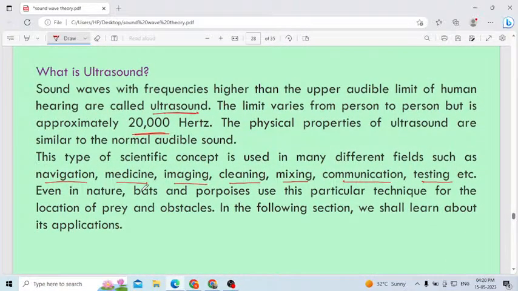Human audible range is approximately 20 Hertz to 20,000 Hertz.